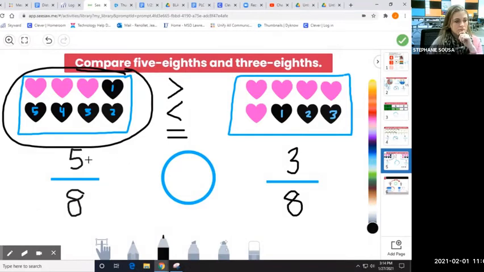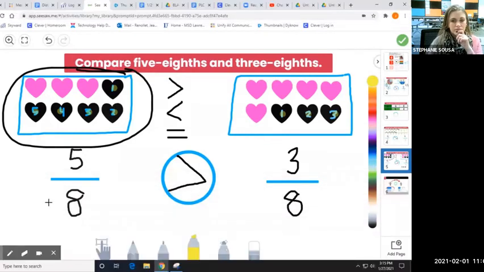I know that 5/8 is greater than 3/8 because there are 5 parts shaded. 1, 2, 3, 4, 5. And on the right, there's only 3 shaded. 1, 2, 3.